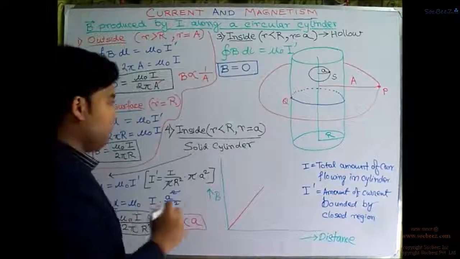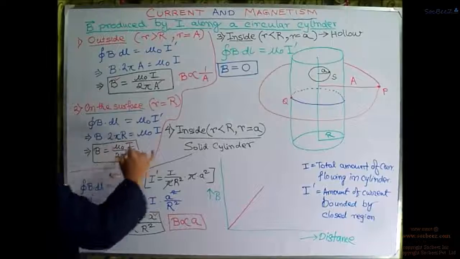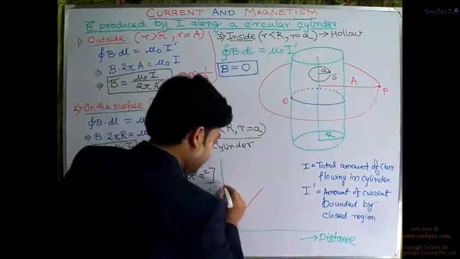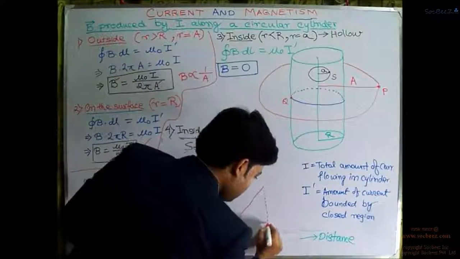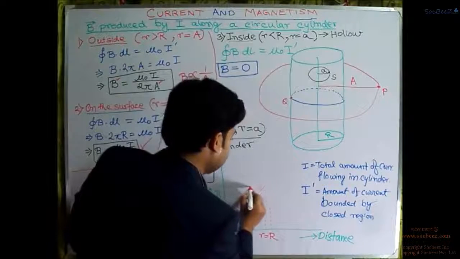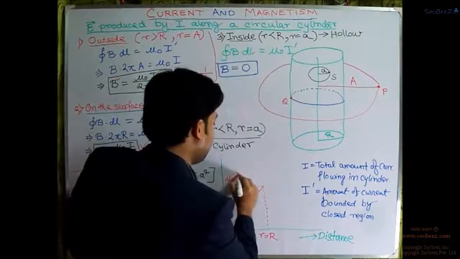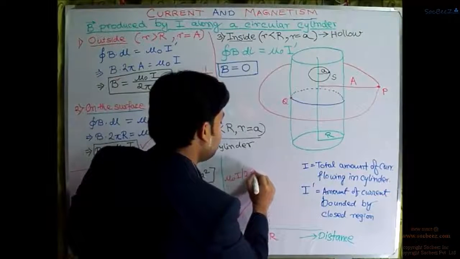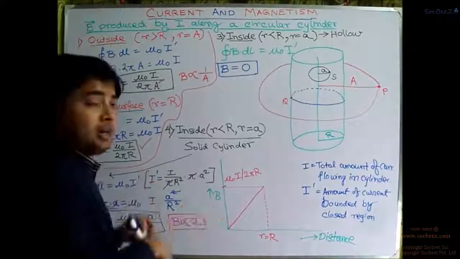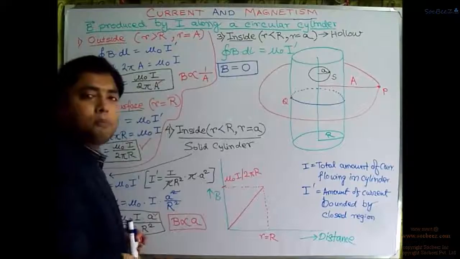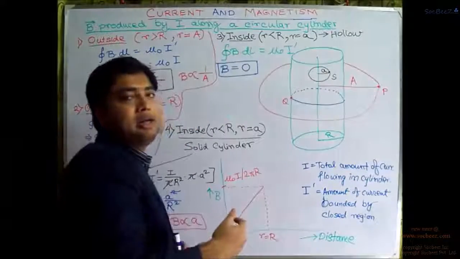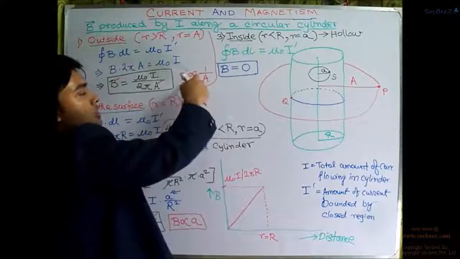It will reach a maximum on the surface, where the value of B will simply be mu naught I divided by 2 pi r, where r equals capital R. After that it will start decreasing, because B is now inversely proportional to a, which means the farther we go from the cylinder, the more B decreases.